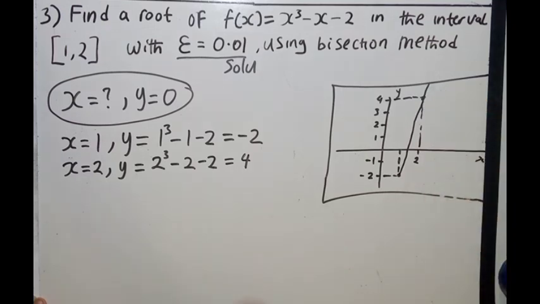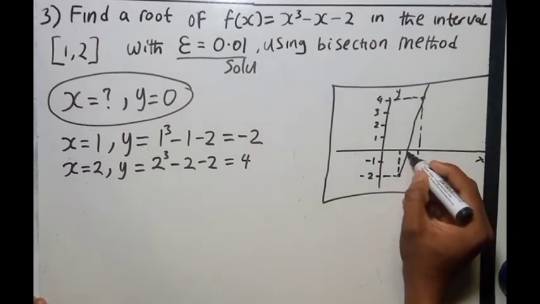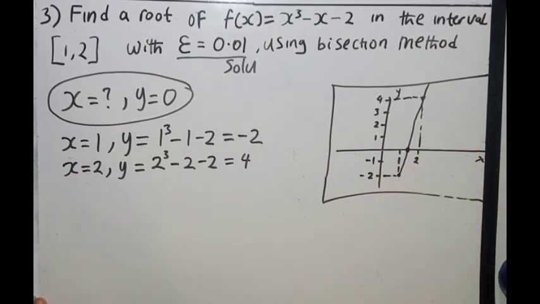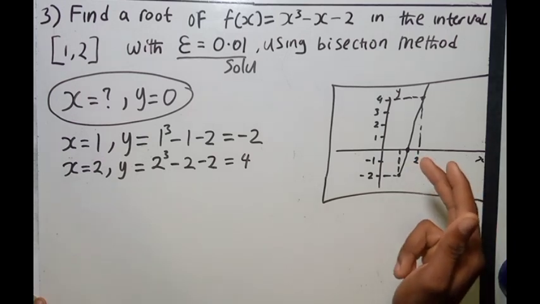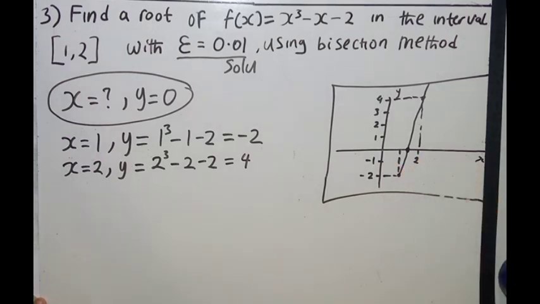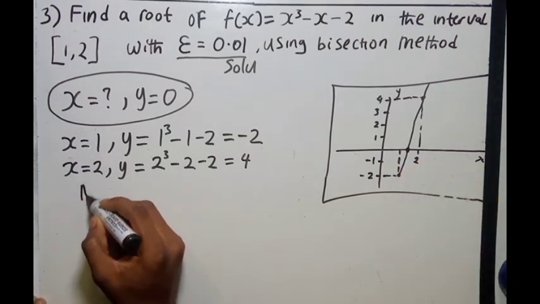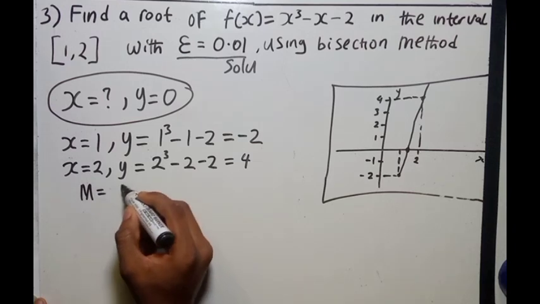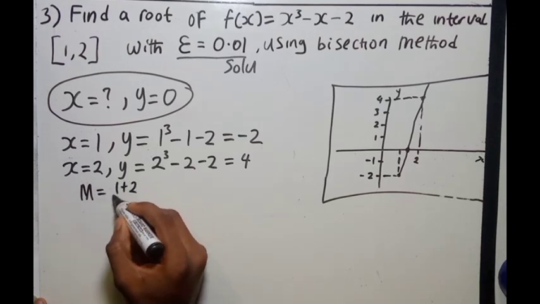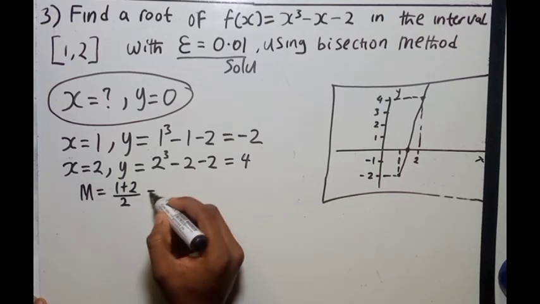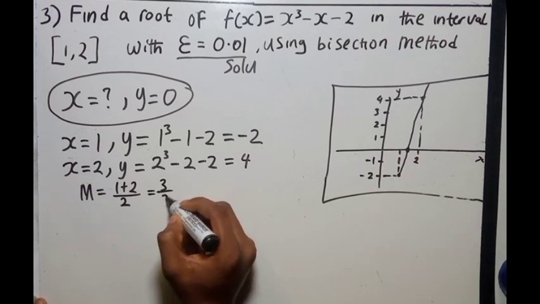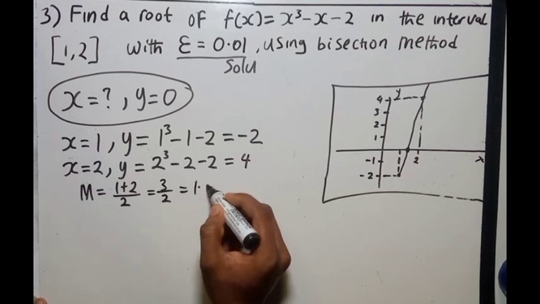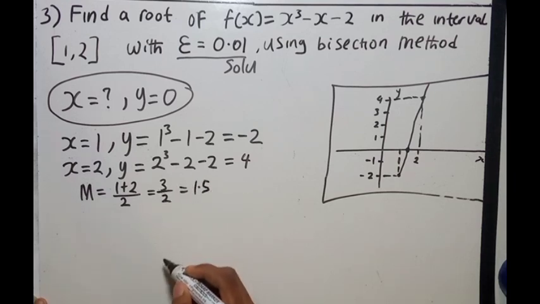Now remember this is where our focus is, to get this value. We then ask ourselves what lies in between 1 and 2. We then say in between 1 and 2, you have 1 plus 2 divided by 2. This is 3 over 2, which gives us 1.5.